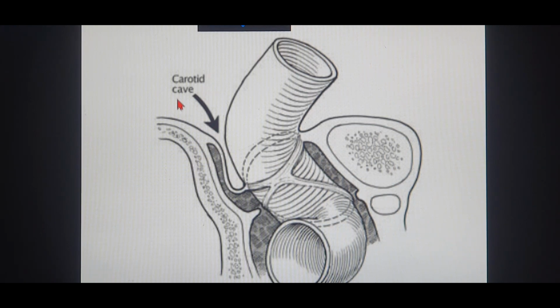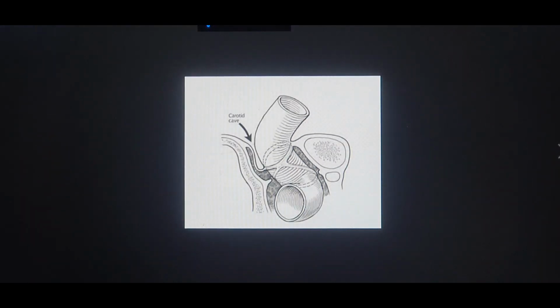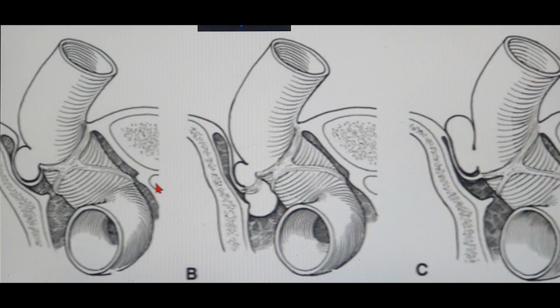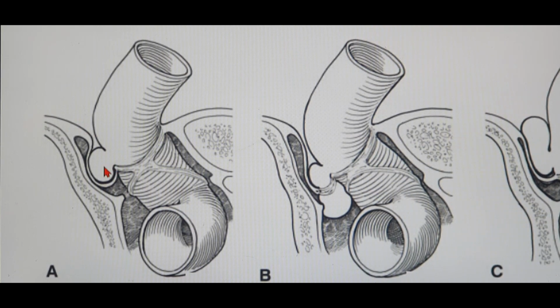This area is of real significance because a lot of patients will have ICA, carotid aneurysms in this area. So if the aneurysms keep on growing, it will eventually spread either inferiorly or superiorly. As you can see over here, this is the aneurysm, which is kind of small in origin, but this is the aneurysm which is present in the carotid cave.